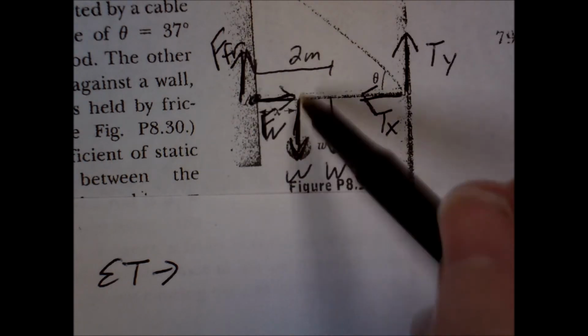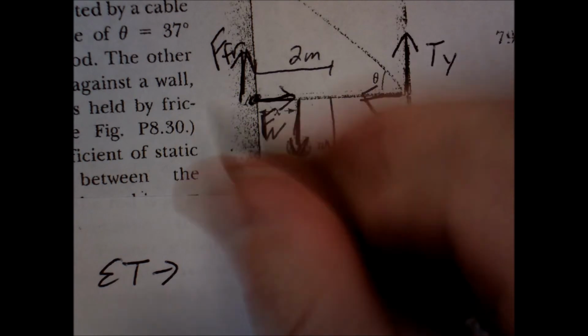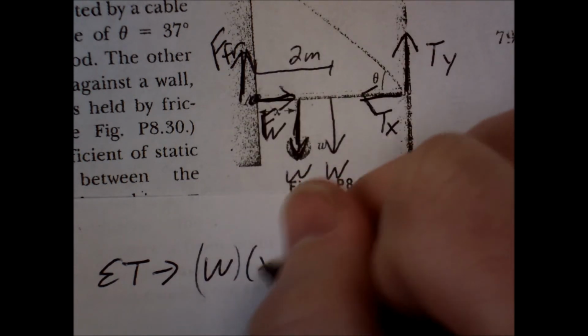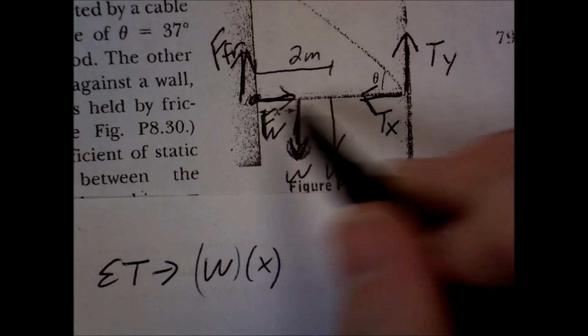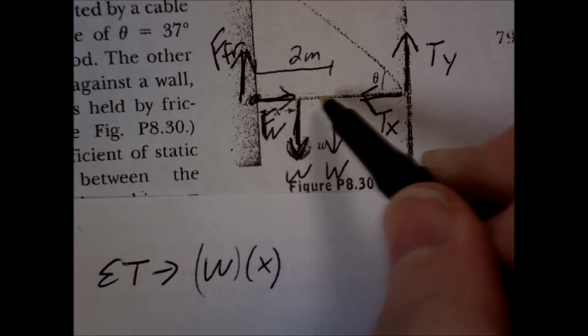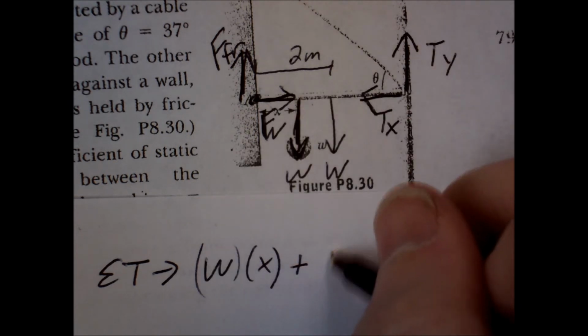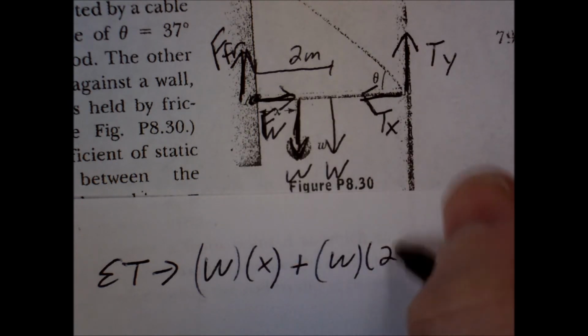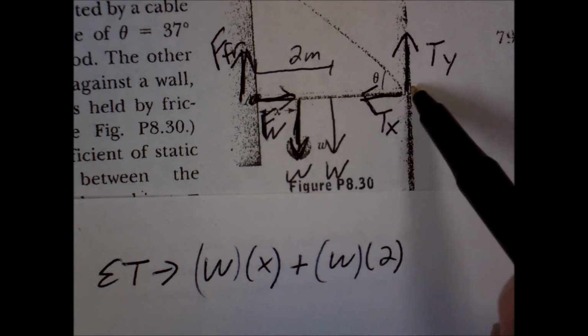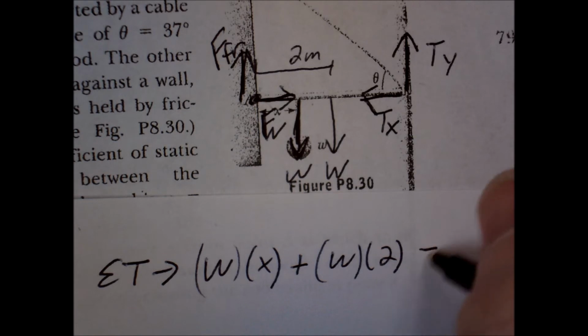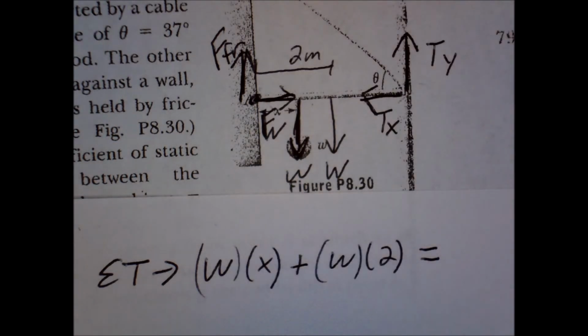We are going to have the weight, so that's going to be a clockwise torque. So we'll go W times X. Then we have the weight of the beam. That's going to produce a clockwise torque. That's going to be W times 2. Then we have our Ty tension. That's going to be counterclockwise, so we'll set that equal.